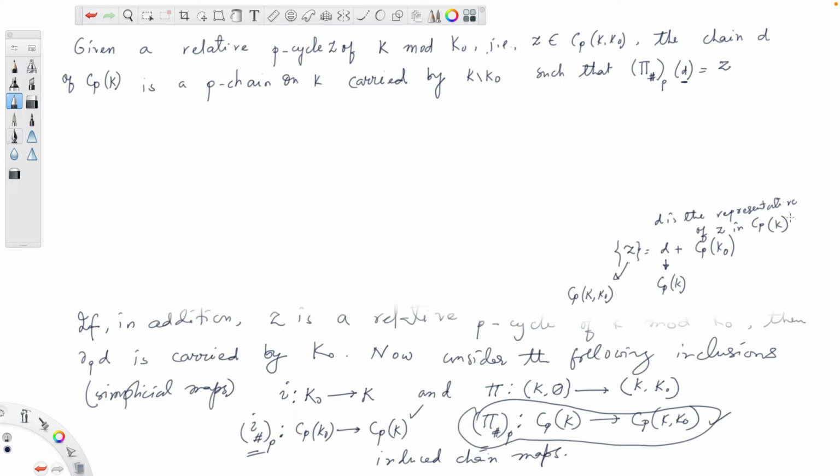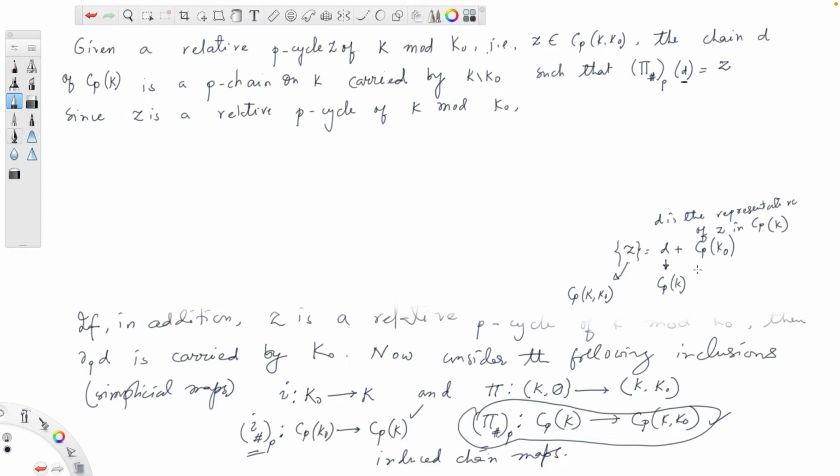Now, these things hold for relative P chains in general. Now we impose the condition that Z is a relative P cycle of K mod K0.